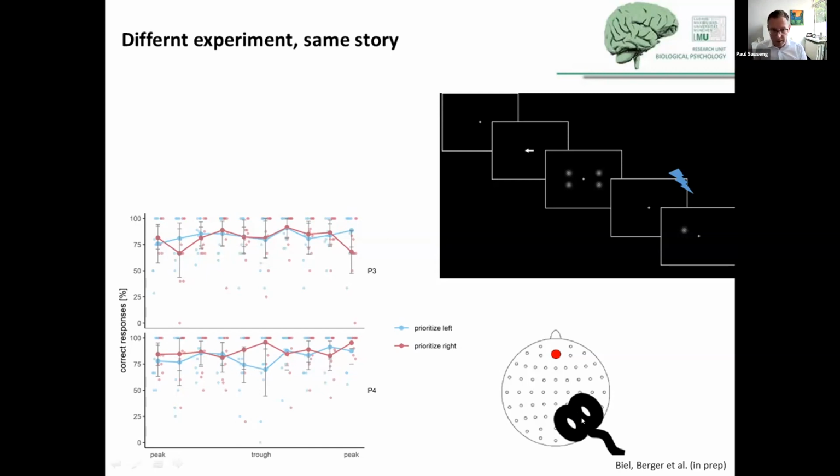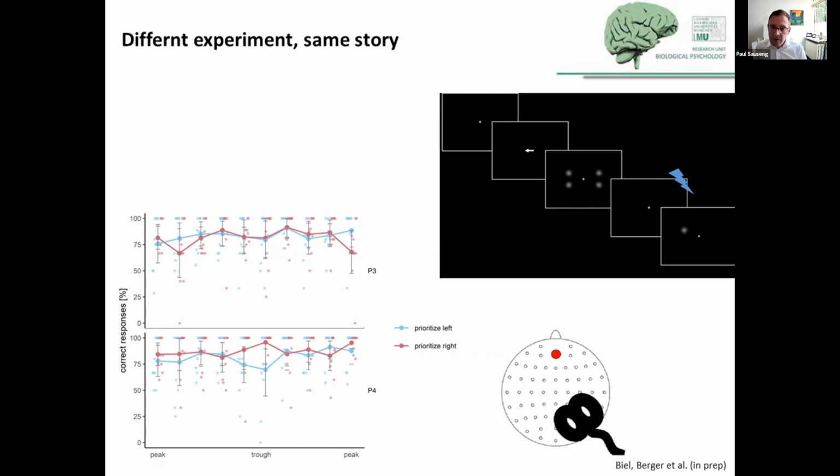When we hit the parietal cortex at the trough phase of the frontal midline theta, there was a significant decrease in performance, but only when we had a trial where the contralateral visual field was probed. However, when the right items had to be prioritized, we did not find a decrease in performance. If anything, we even found a slight increase.